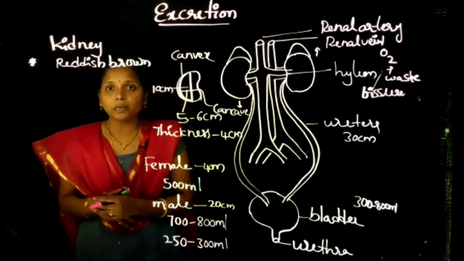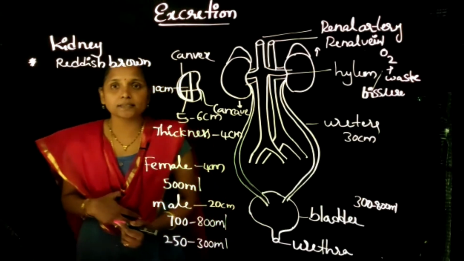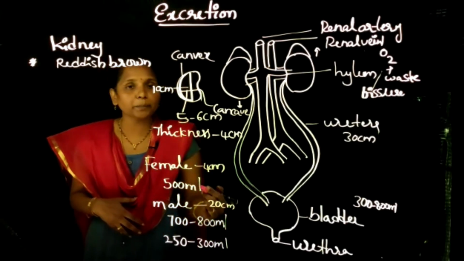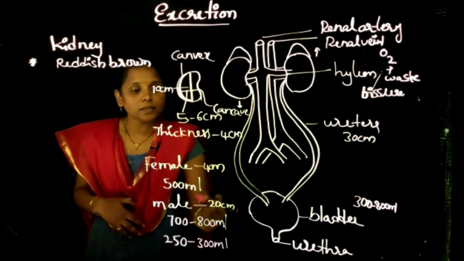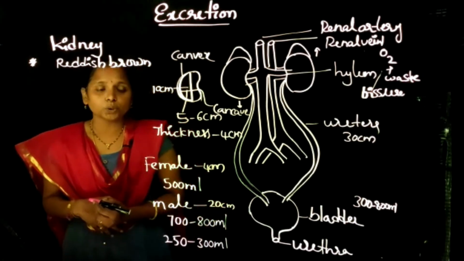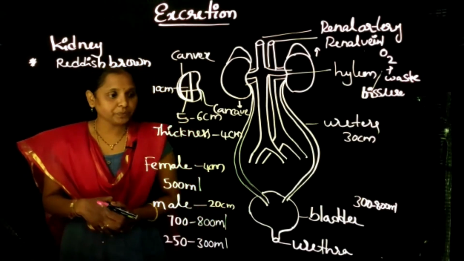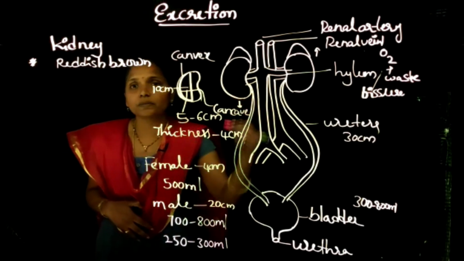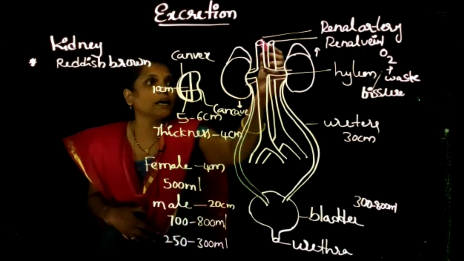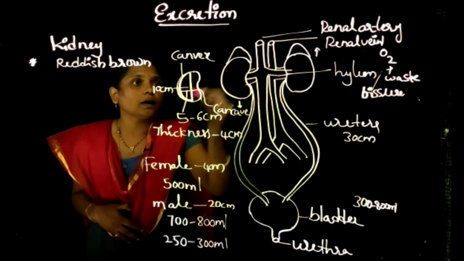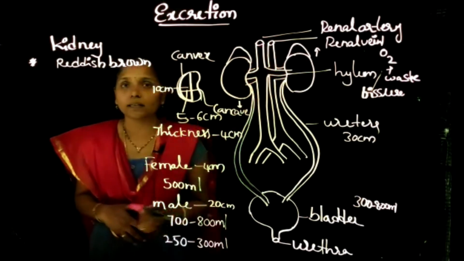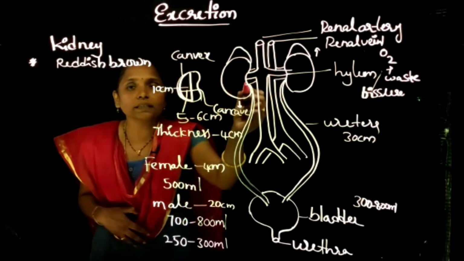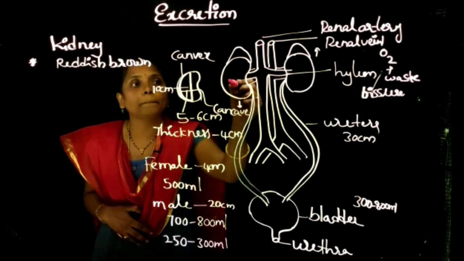Because in males the urinary system connects with the reproductive system. Whenever blood is pumped into the kidney through the renal artery, that blood is filtered here and urine is prepared.